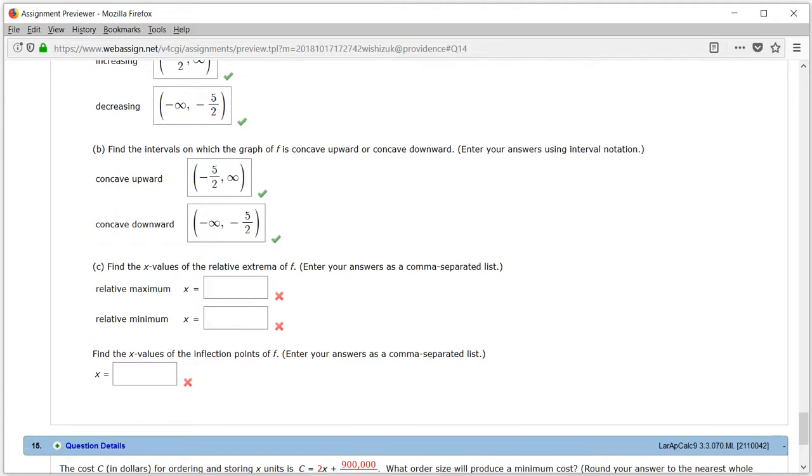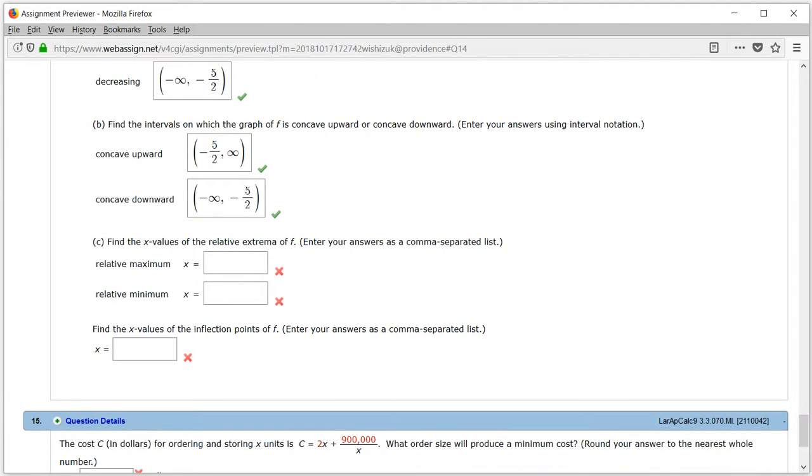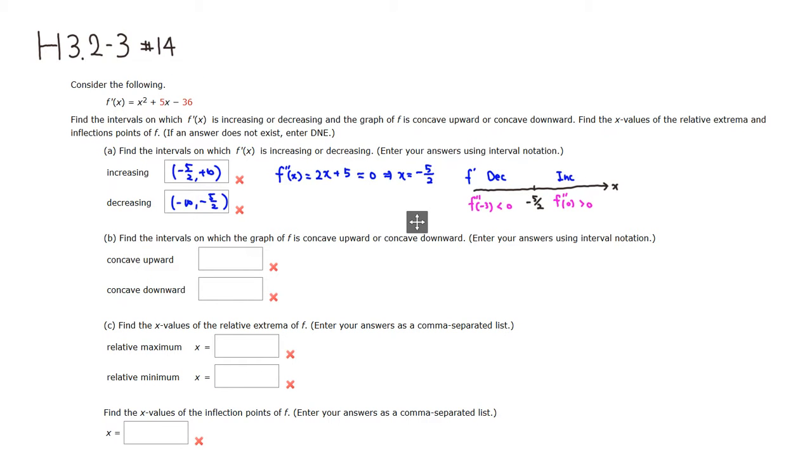Let's look at part C: find the x values of the relative extrema of f. First thing we have to do is find the critical numbers. So we set f prime of x equal to x squared plus 5x minus 36.